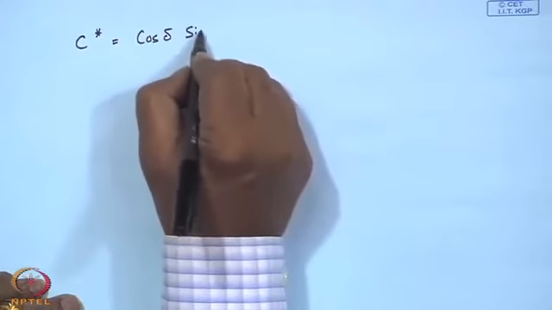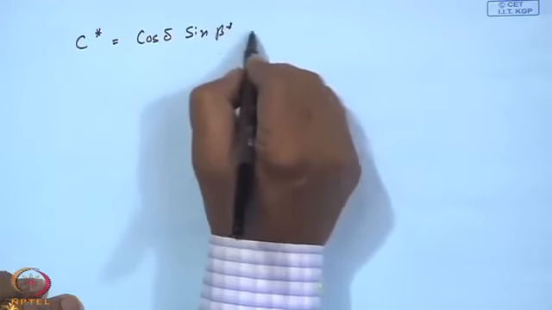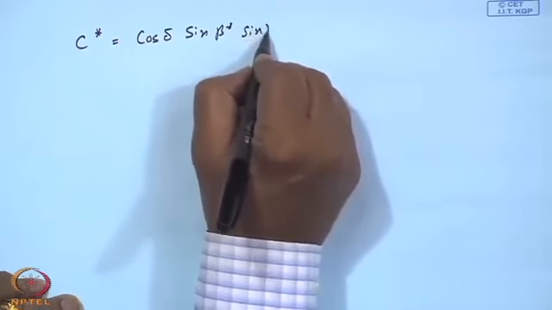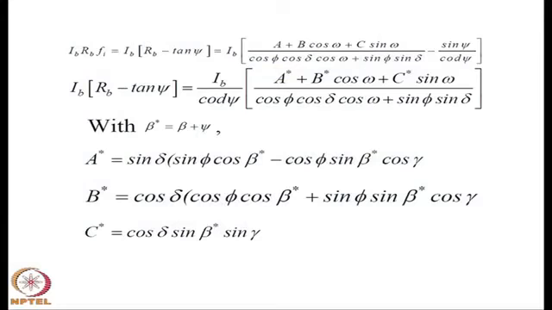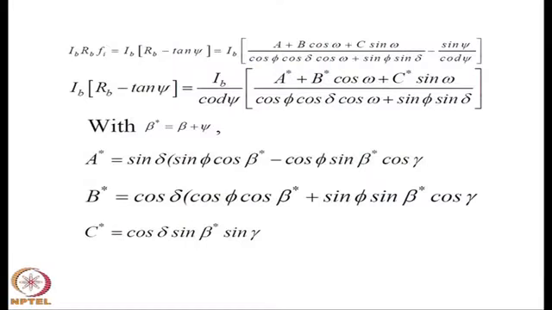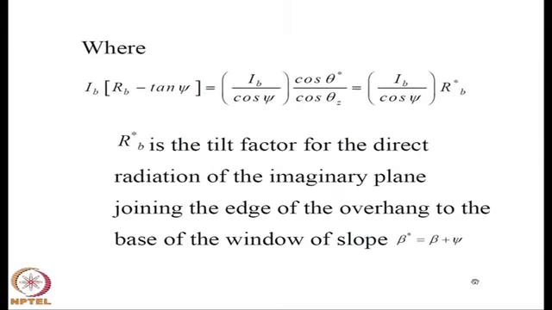You really don't have to calculate all these things, but this shows the basis. I have put it in terms of A star, B star, C star, where your slope is not beta, but beta plus psi. That is the whole idea.